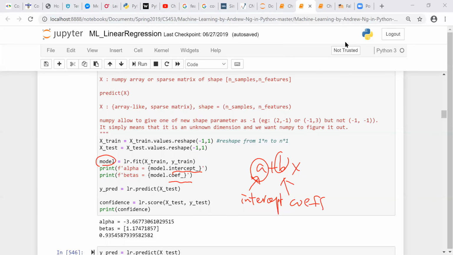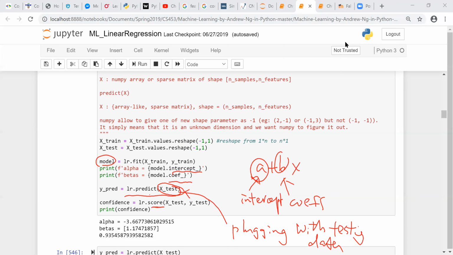And once you have that, you can predict with the testing values. So for predict, you plug in the testing data. And then how do we know how accurate our model is?